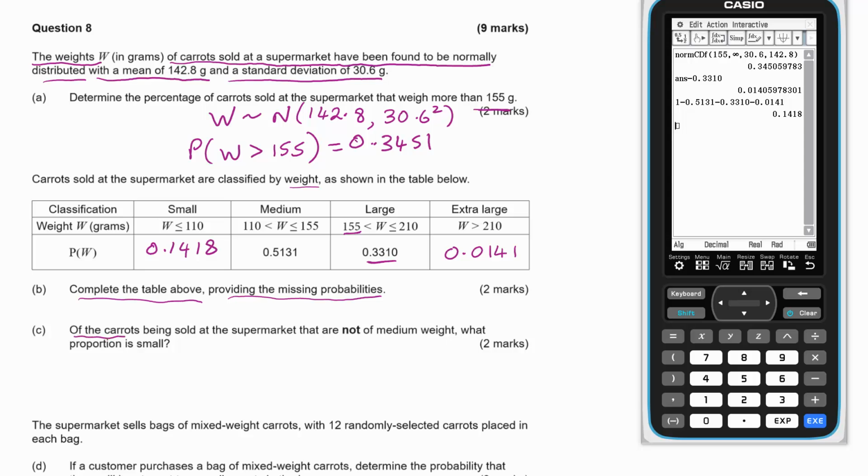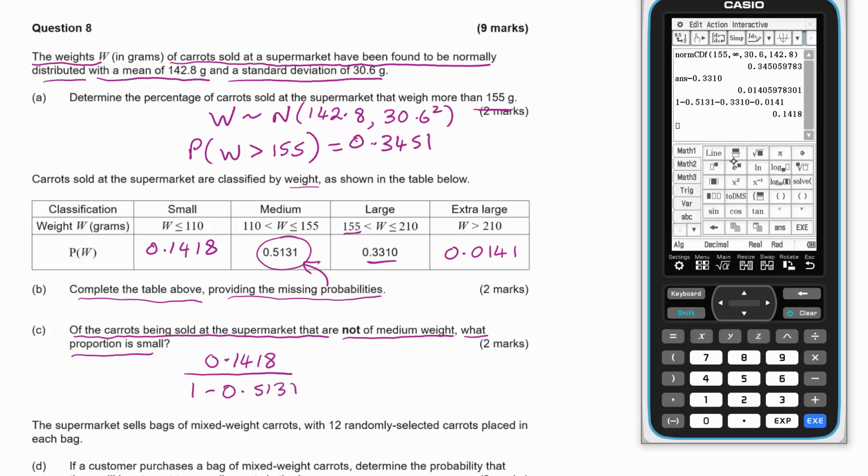So, of the carrots being sold at the supermarket that are not of medium weight, so we're going to ignore these ones here, what proportion is small? So that's going to be 0.1418 divided by everything except this. So that's going to be 1 take away 0.5131.